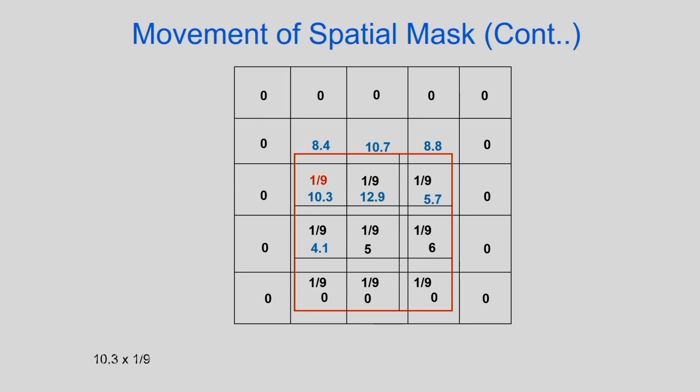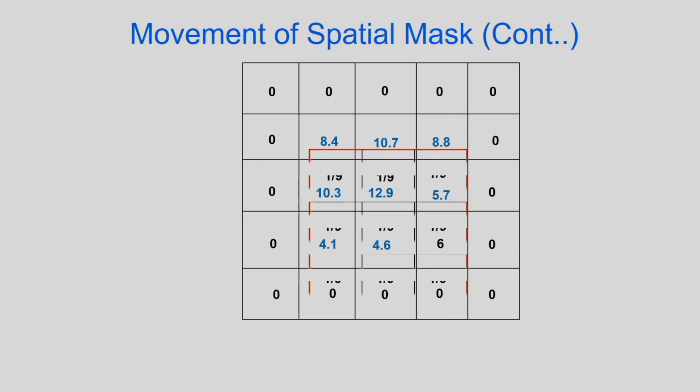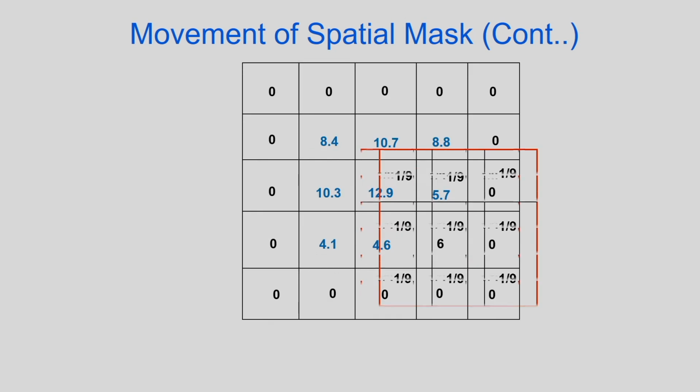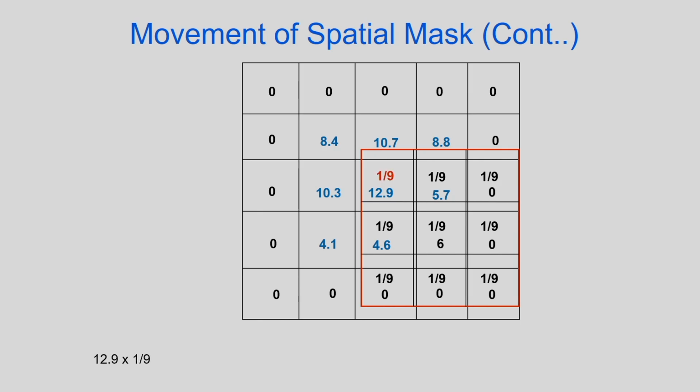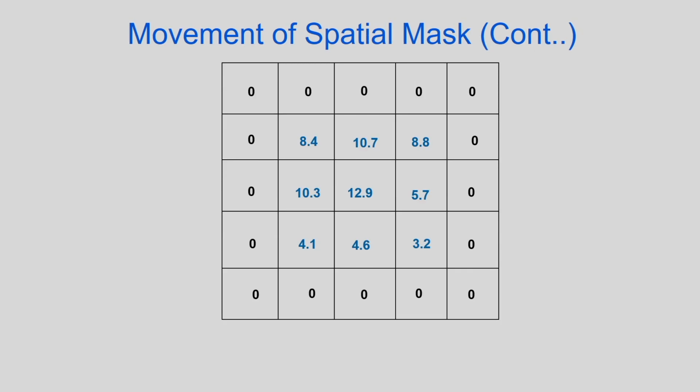This operation is very similar to the spatial convolution. For all the pixels of the image, I have to determine the response of the mask. And finally, I am getting this image.